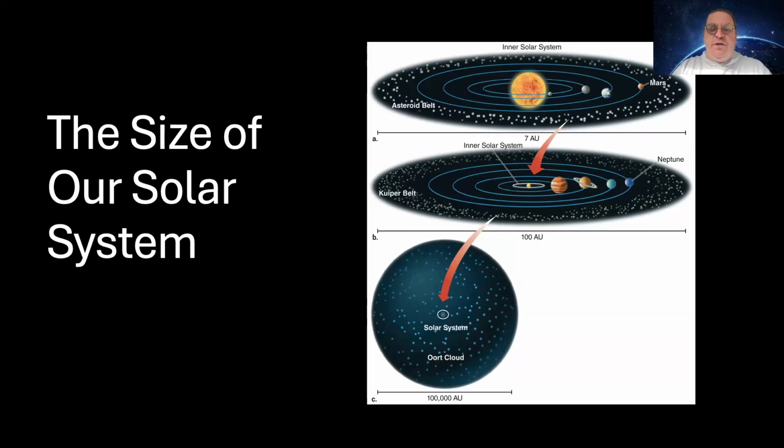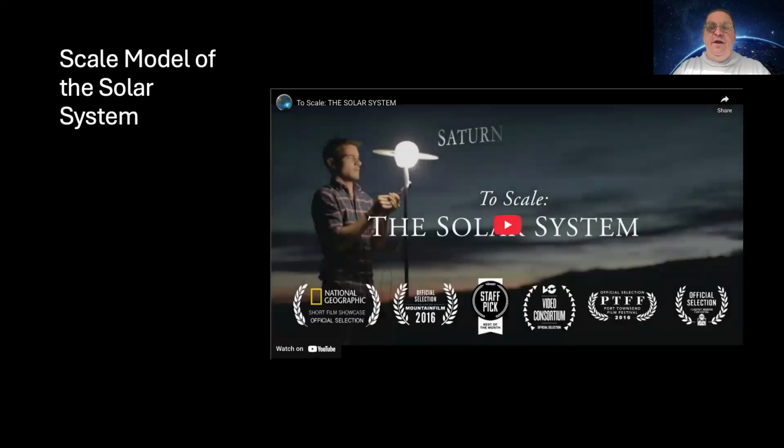If you're interested in watching, I'm not going to play it in this class, but I think a very well produced and very well thought out scale model of the solar system, I would highly recommend finding this YouTube video. The link should be embedded into the PowerPoint slides, which I will then post to Canvas if I haven't already done so.